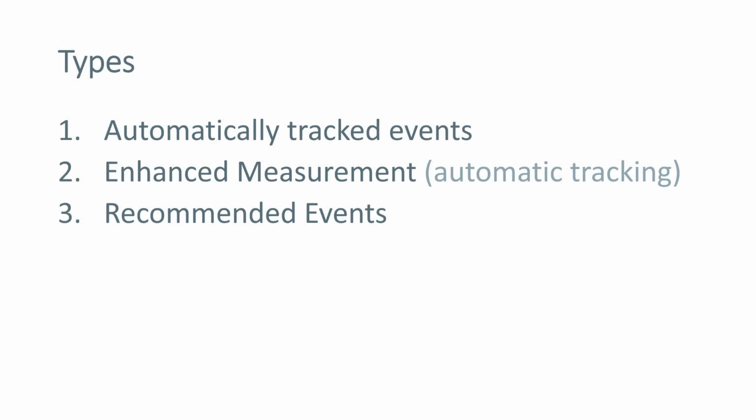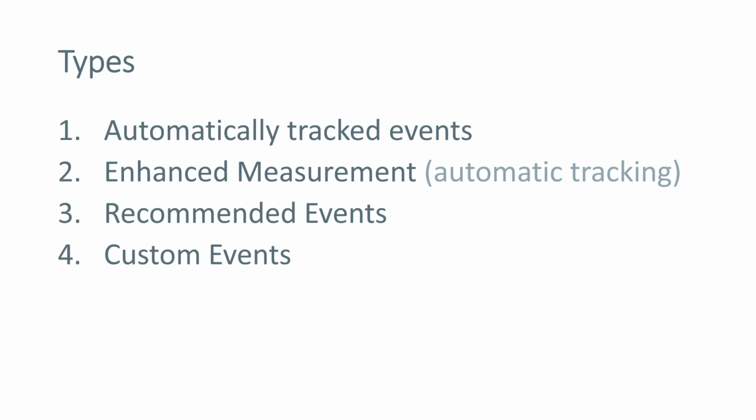And then if you have some event in mind that you want to track, but it is not covered by automatic event tracking, enhanced measurement, or it is not mentioned in the list of recommended events, then there is a fourth group of events, which is called simply custom events.